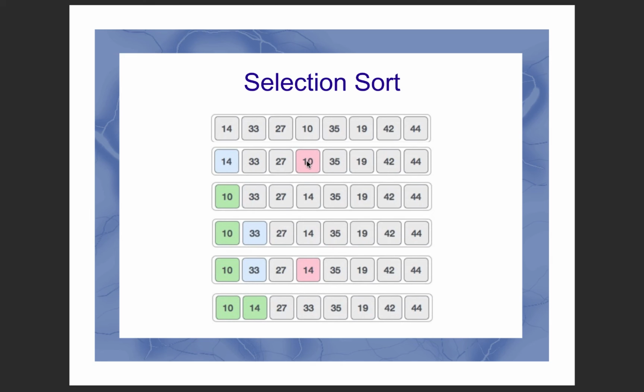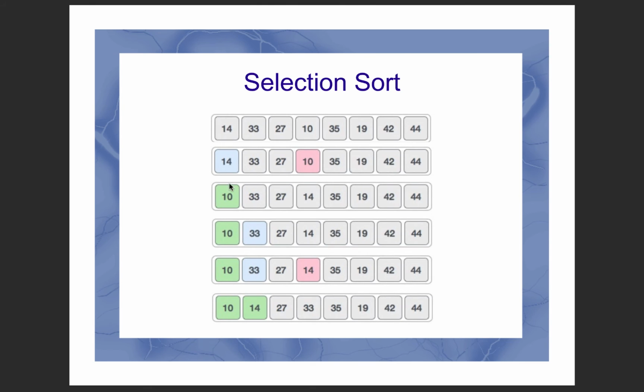The minimum element is 10. So you need to replace 14 by 10. You are taking the right element 10 and positioning it in the next position, which is our first position. So we take the minimum element to the first position and we copy the 14 over there.